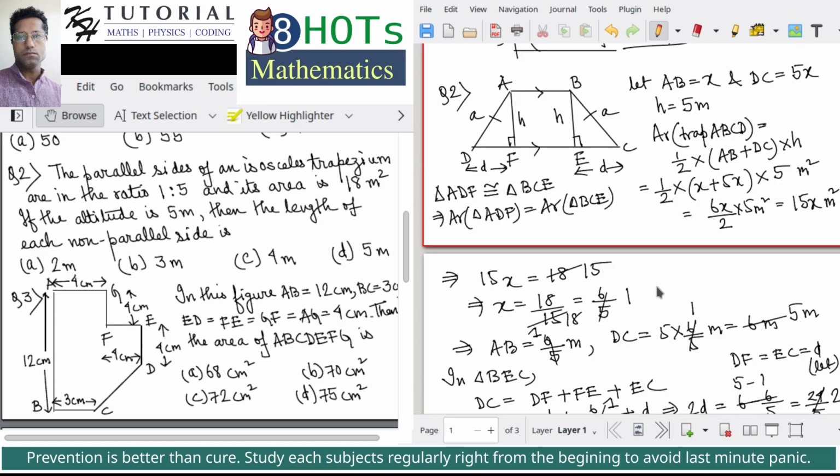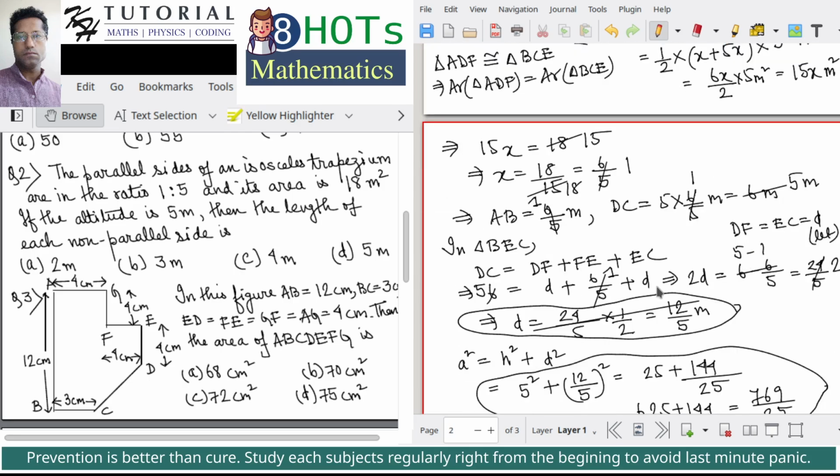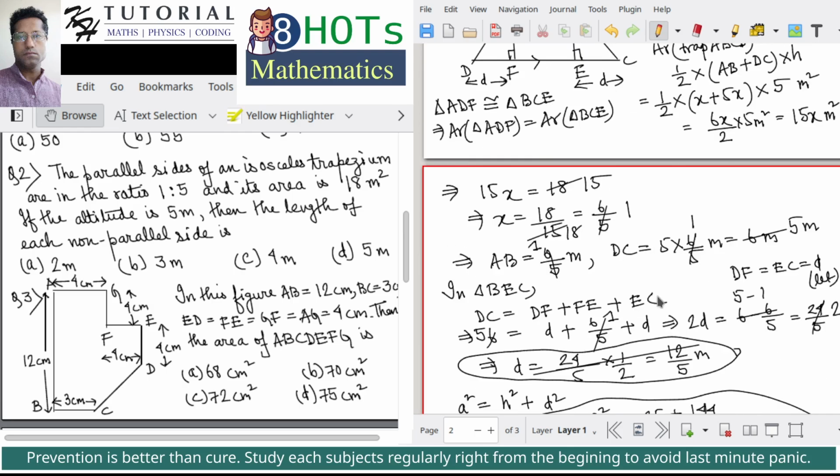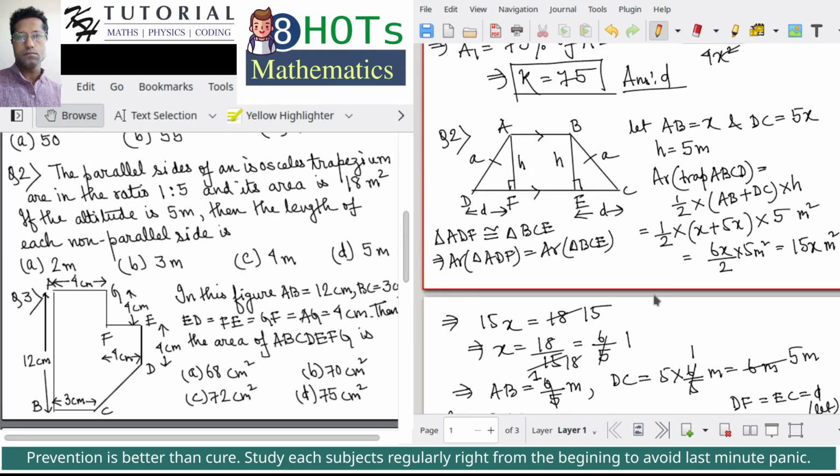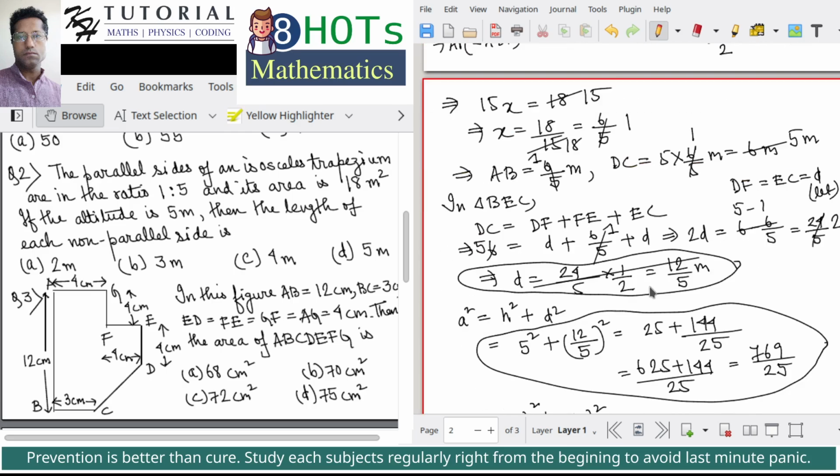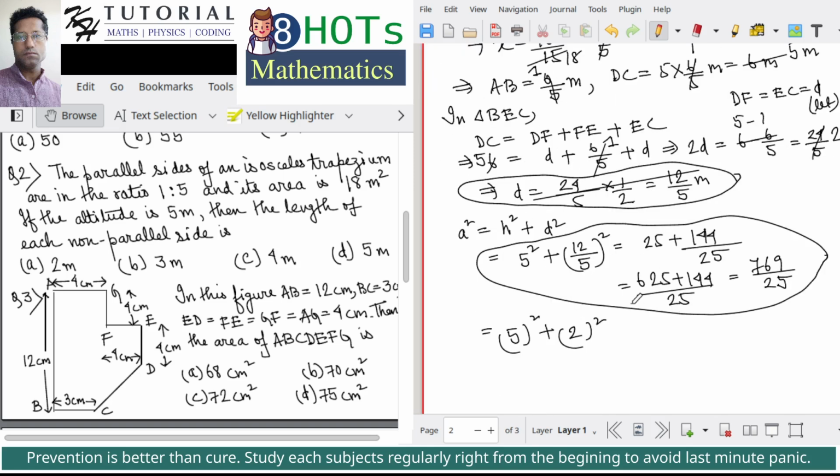D plus FE, FE is AB and AB is x, and x is 1. So FE must be 1, and DC is 5x, x is 1, so DC is 5 meter. So 5 is equal to twice D plus 1, so twice D is equal to 5 minus 1, which is 4, so D is 2. Okay, D is 2. A square is equal to 25 plus 4, which is 29, which is not a perfect square. H was given as 5 meter.